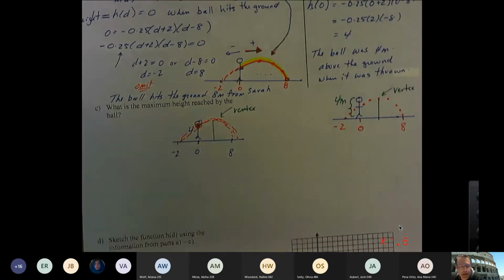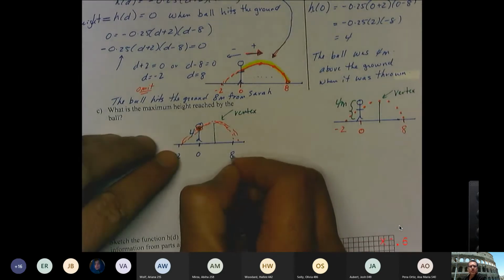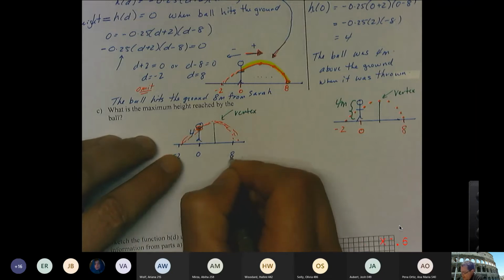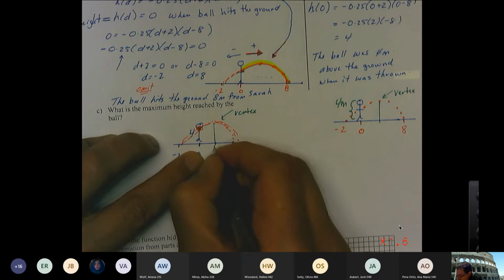Well, remember, the vertex is always halfway between the x-intercepts. So this is negative 2, and this is 8. If I go 2 up to 0, I go 2 back to 6. So now I'm sitting at 0 and 6. If I go 3 and 3, so this is going to be 3.